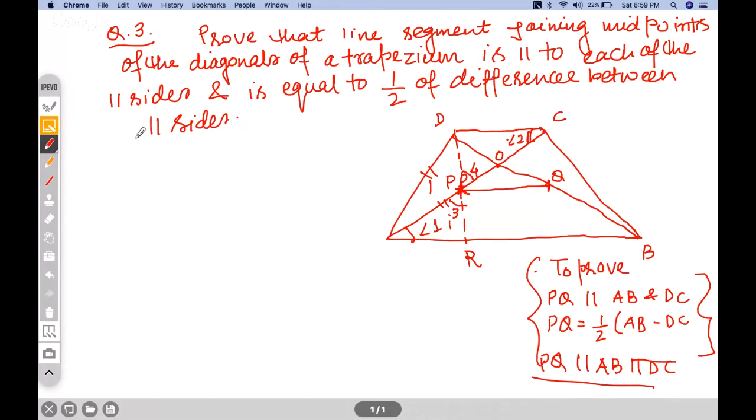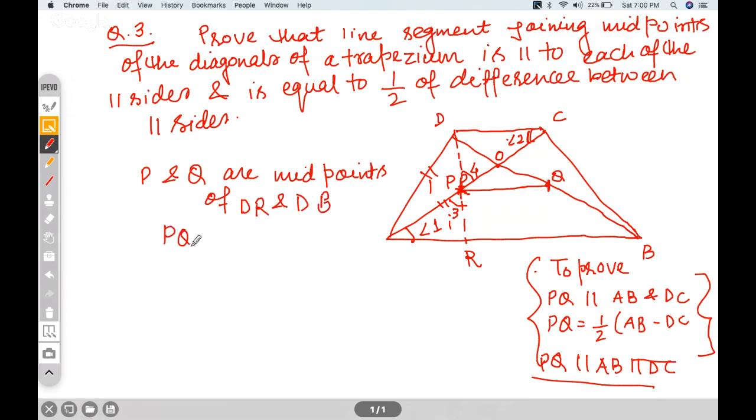For the second part, try to understand: P and Q are midpoints of DR and DB.